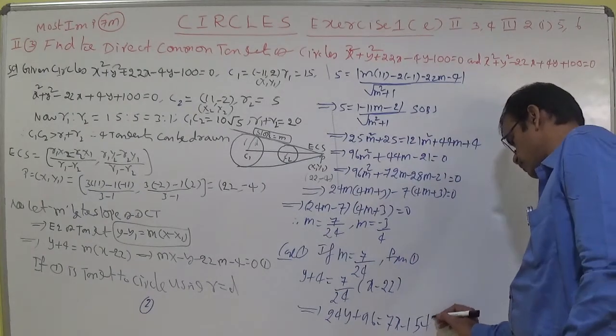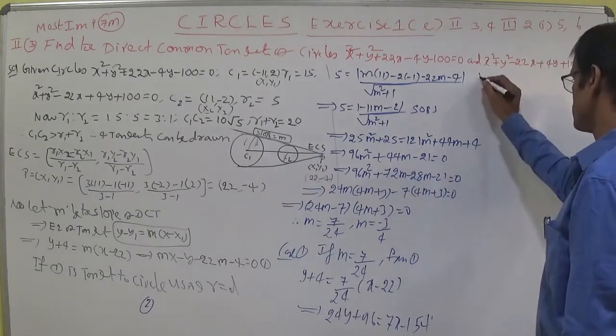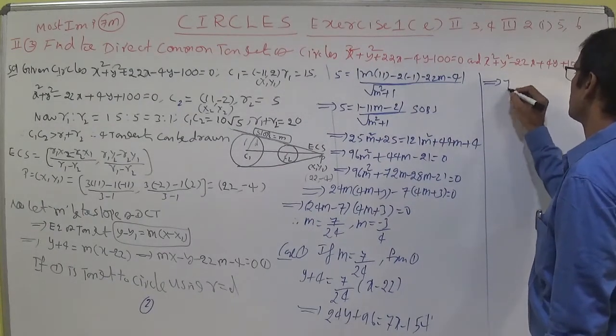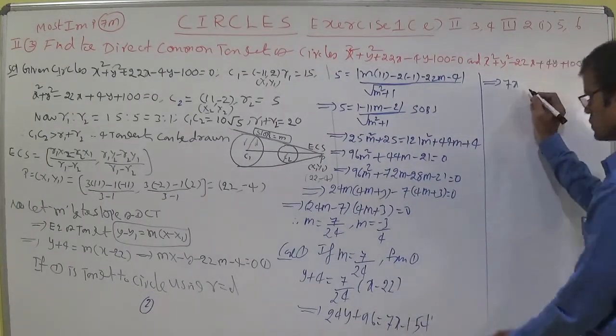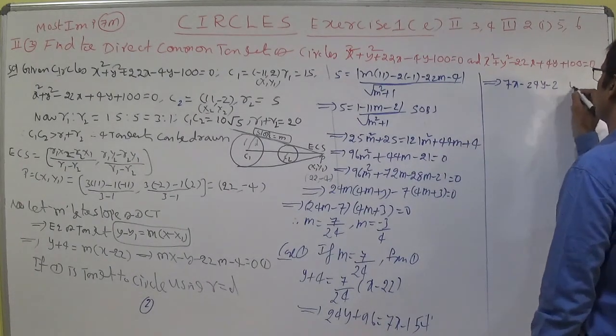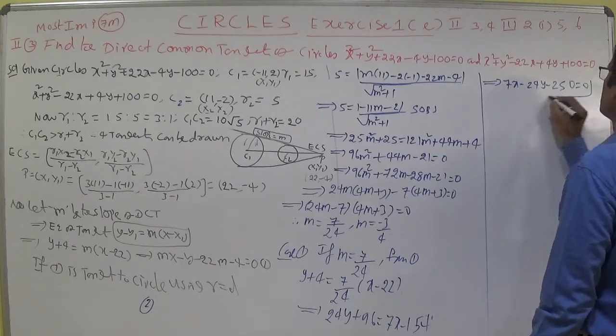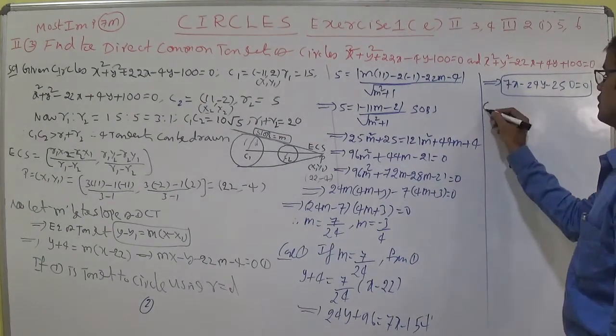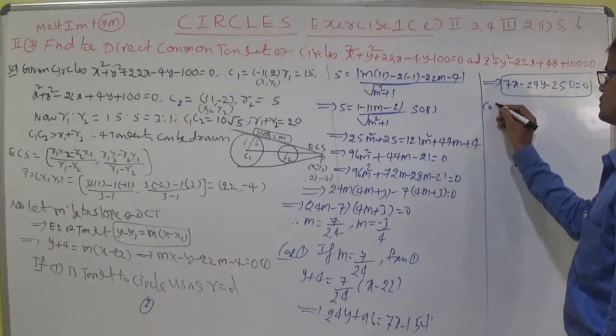Taking terms to this side, 7x minus 24y minus 250 equal to 0. This is an equation of a direct common tangent. This is case 1. Next, case 2.